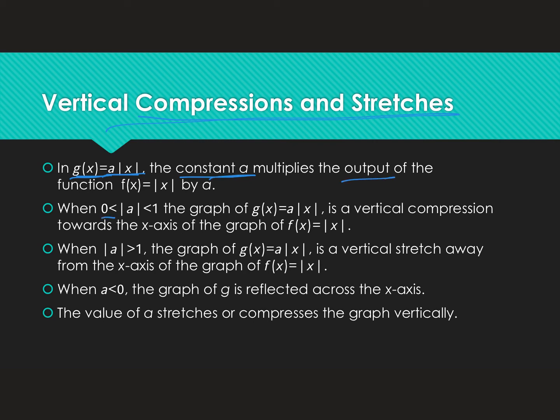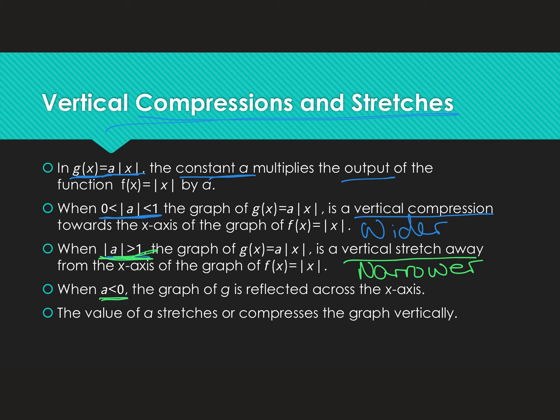So if the absolute value of a is between 0 and 1, it is a vertical compression, which makes it wider. It's like we squished it down. When the absolute value of a is greater than 1, it is a vertical stretch. We make it narrower. We stretched it out.